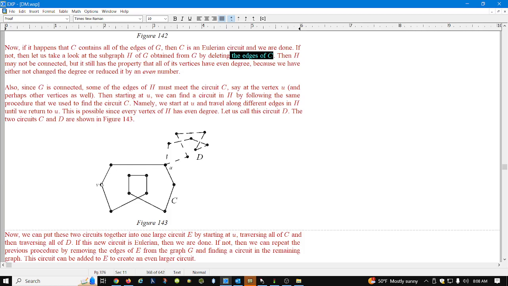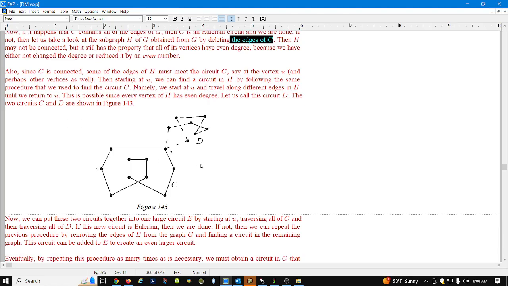So we've simply increased the length of the circuit, and we've added more edges to it. So this can continue. Now we have a bigger circuit. We can yank these edges out and look at what's left, and if there is anything left, we can repeat the argument and enlarge the circuit even more. Eventually, since this graph is finite, we will have an Eulerian circuit.